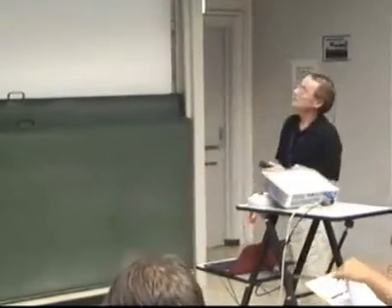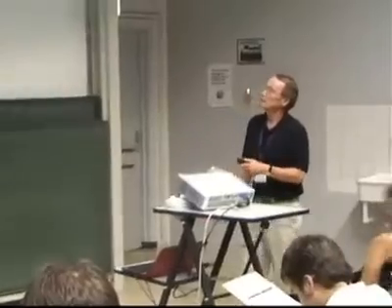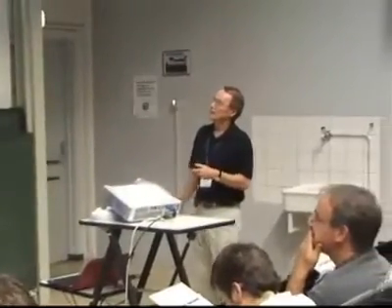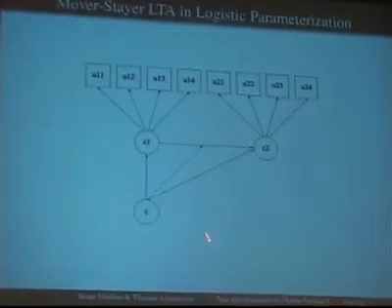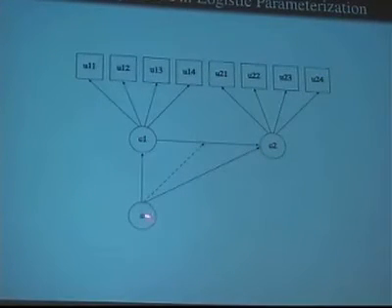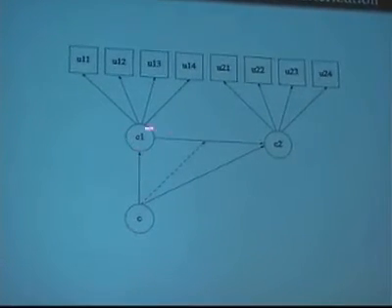So in the logistic parameterization, we draw the diagram like this. And here is the mover-stayer unobserved dichotomous covariate, influencing the probabilities at the 2 time points, but most importantly, having the broken arrow influencing the relationship between C2 and C1 across time.